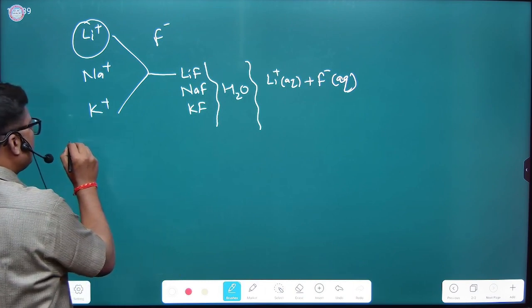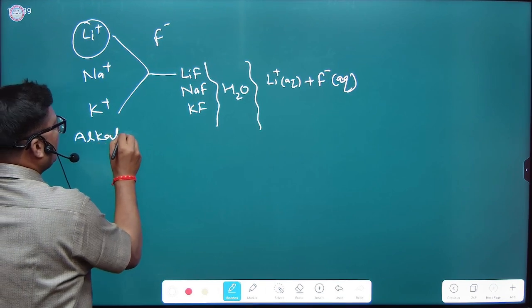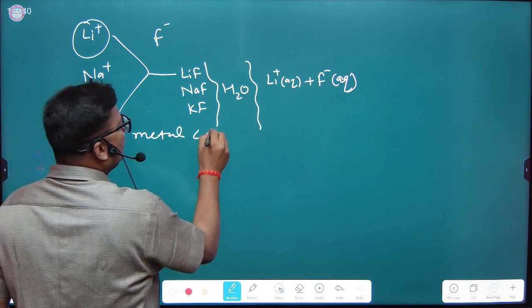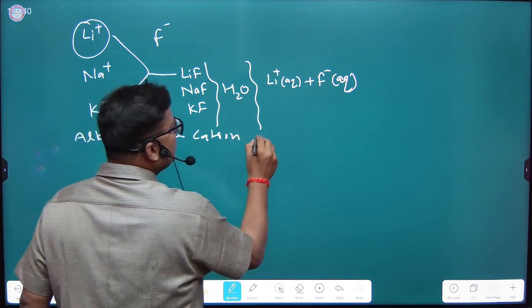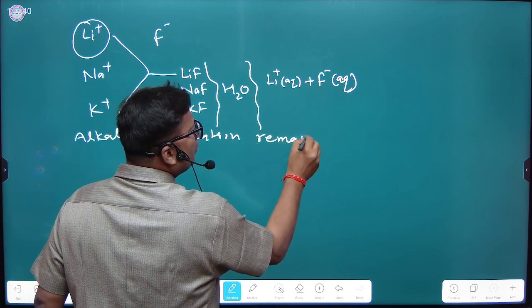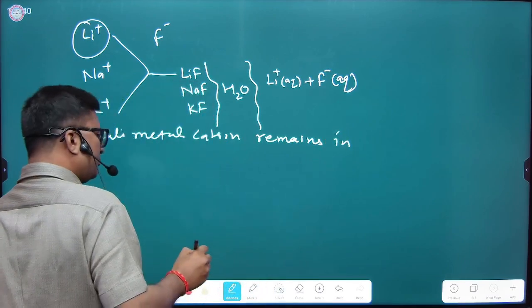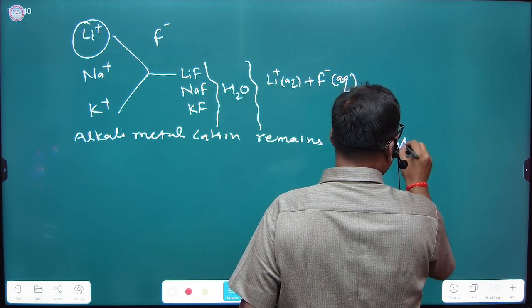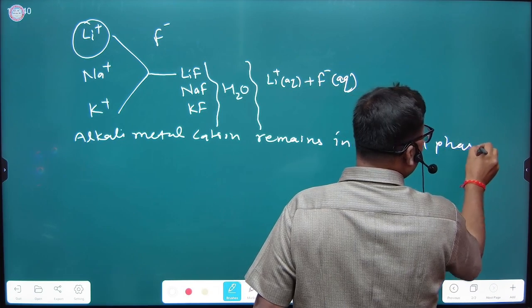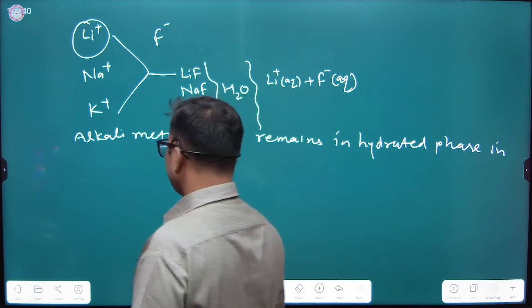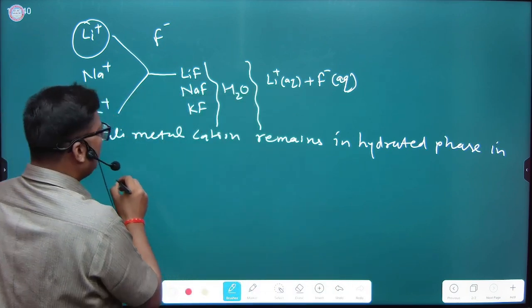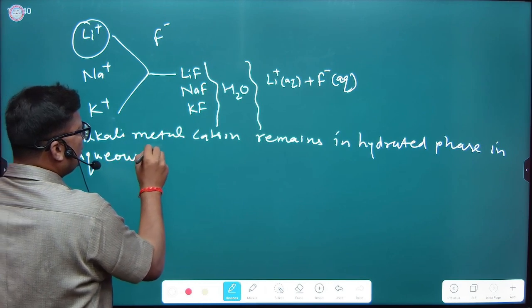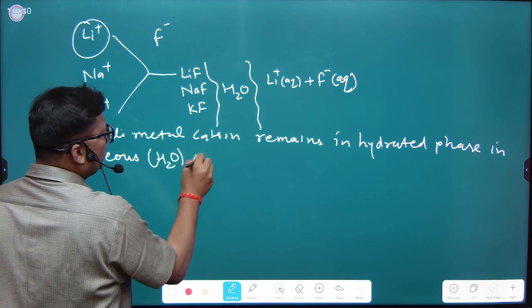Alkali metal cations remain in the hydrated phase in aqueous solution, that is, in H2O solution.